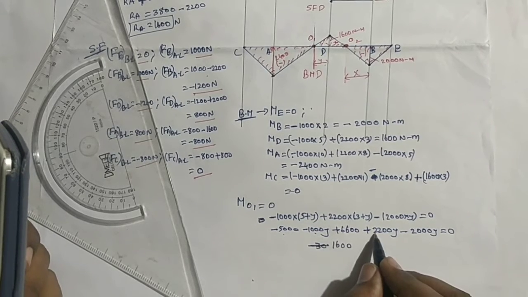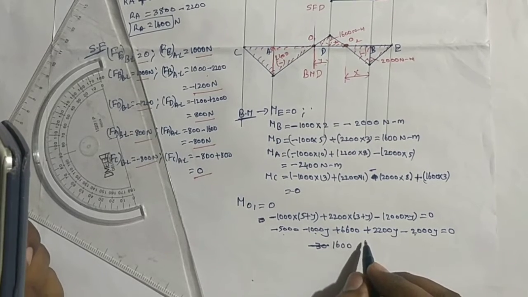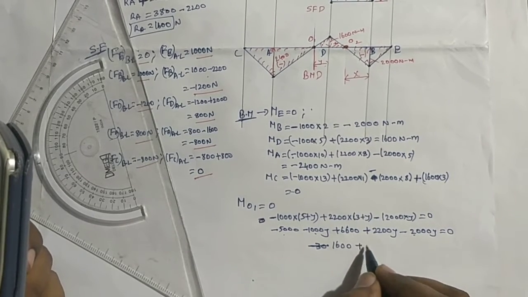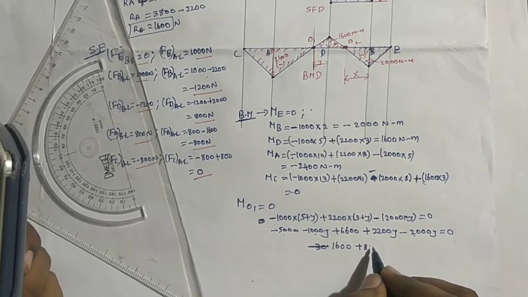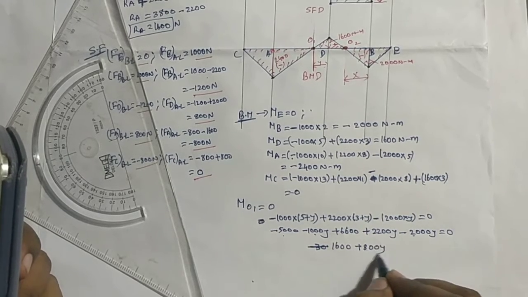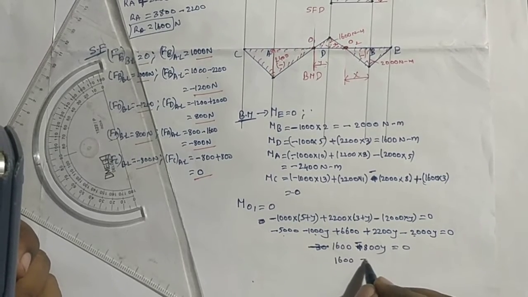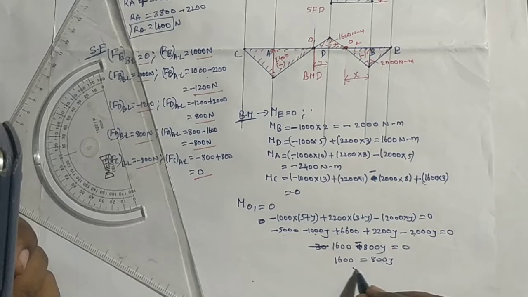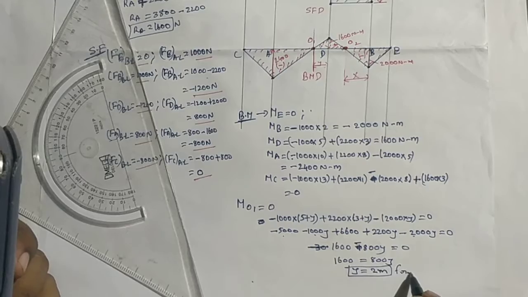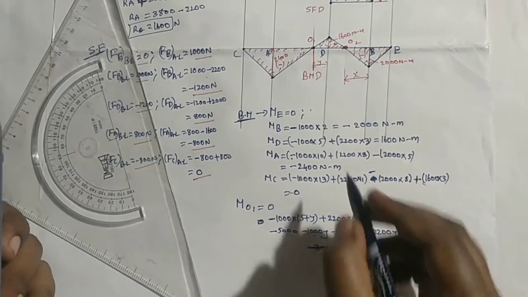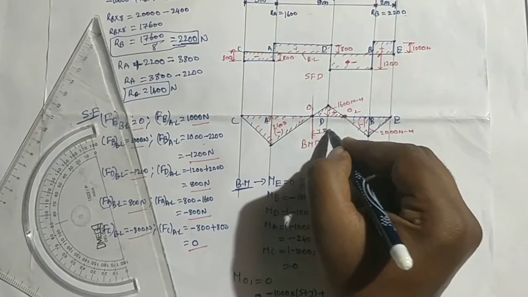Next, minus 1000 minus 2000 is minus 3000, plus 2200, total is minus 800y. So 1600 minus 800y is equal to 0, so 1600 is equal to 800y. From this, y is equal to 2 meters from point D. So from point O1 to point D is 2 meters.